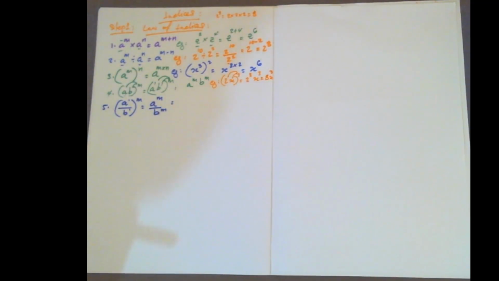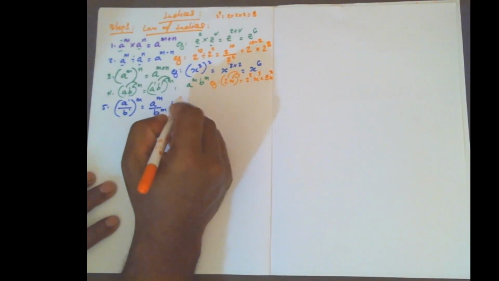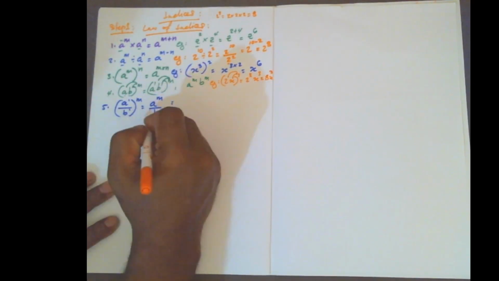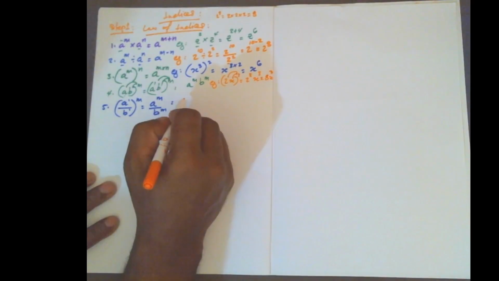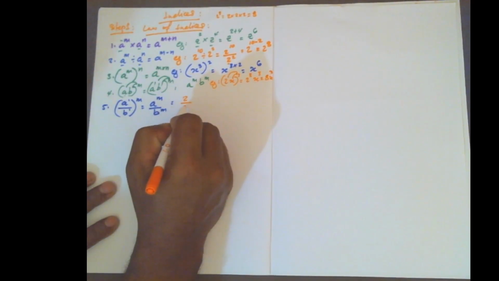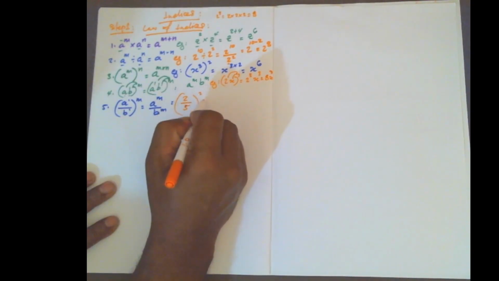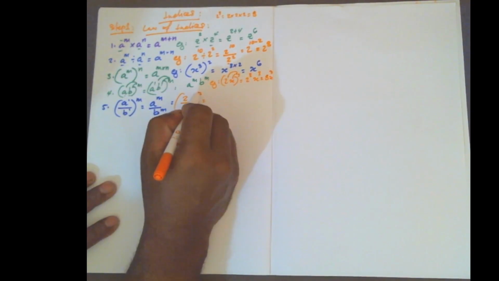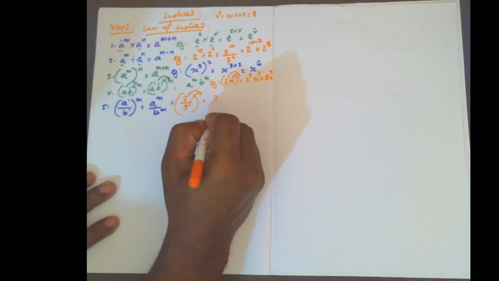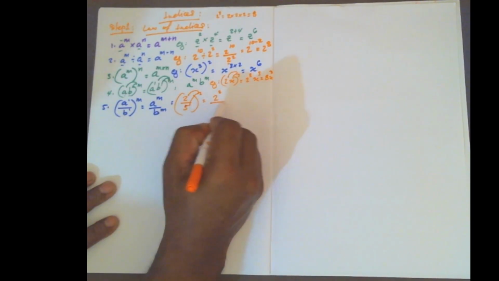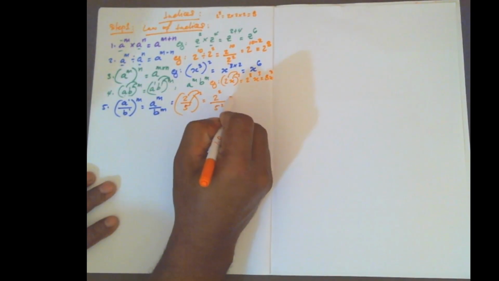Let's look at some examples to it. a can be any value, b can be any value, and m can be any value. So let's say 2 over 5 raised to the power of 2. So this power will go to both of them. So this is 2 to the power of 2 over 5 to the power of 2.